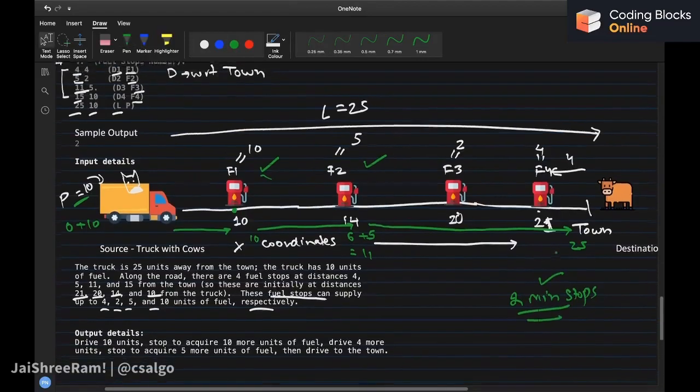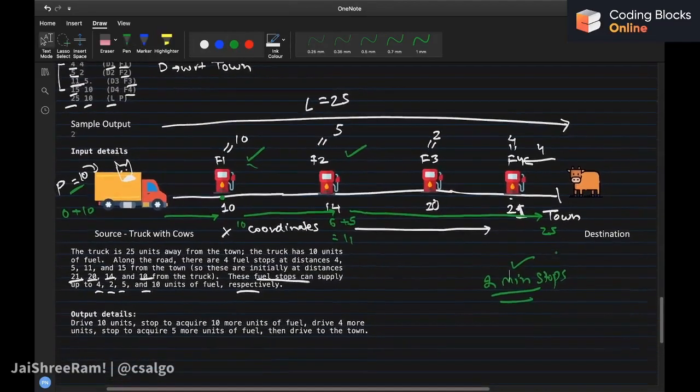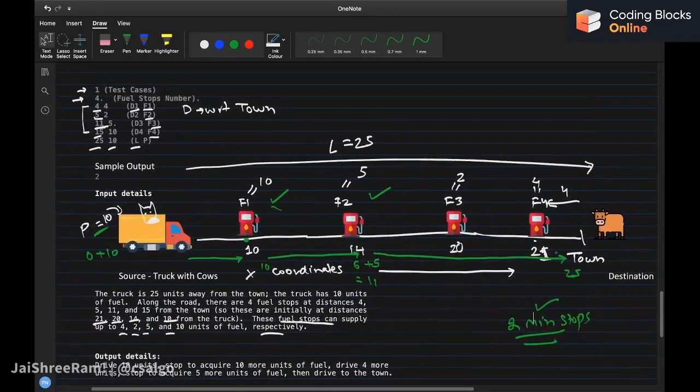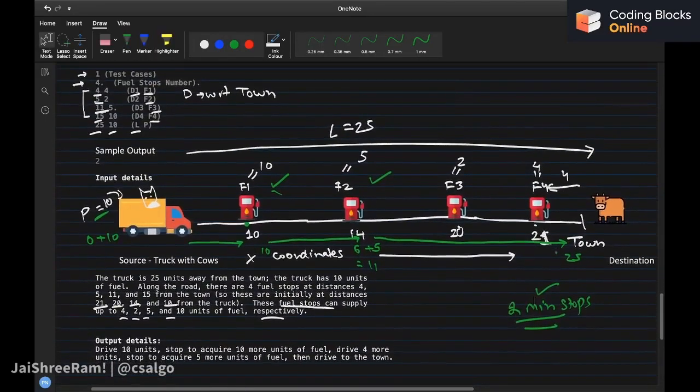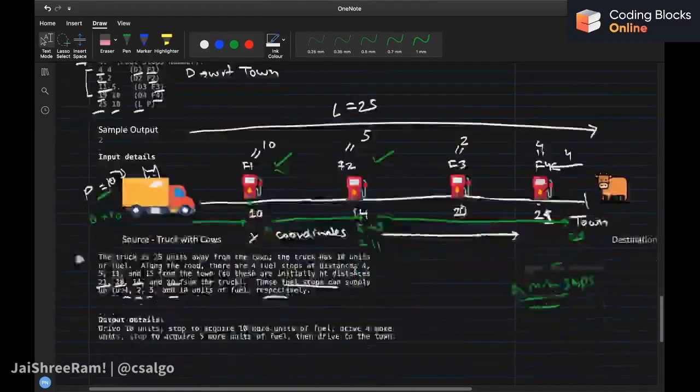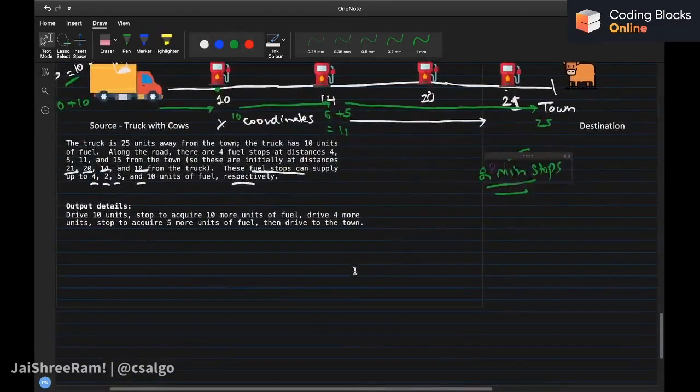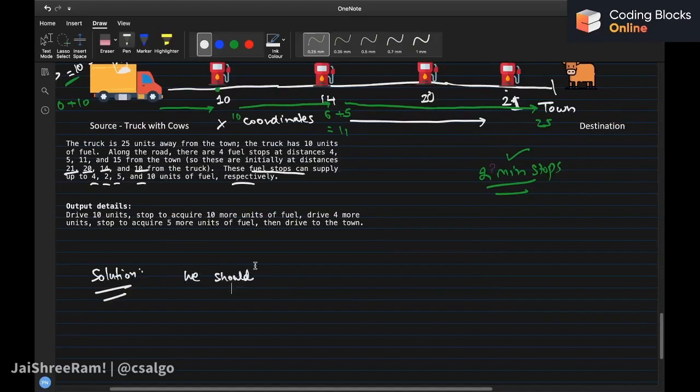So now we have to think how to approach this problem. Okay, so what we can do, let us think of the solution. One thing that is coming to our mind is we should refuel at stations which have a higher capacity.